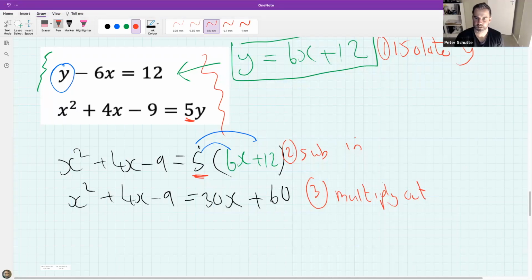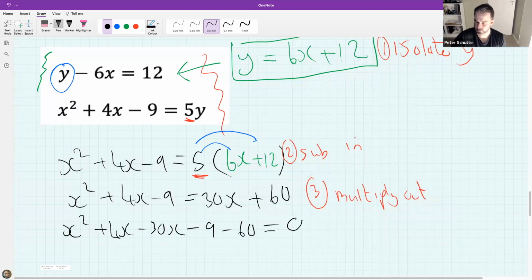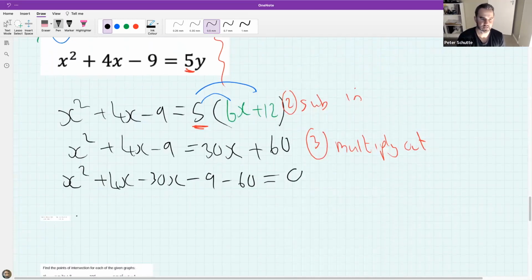Standard form, yes. Exactly. So I like to have my equation equal to 0, and then to get standard form, I should have that.